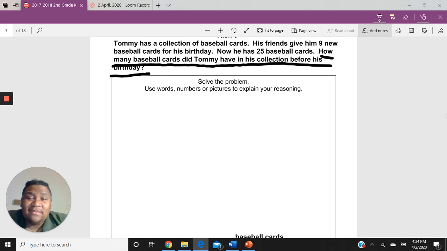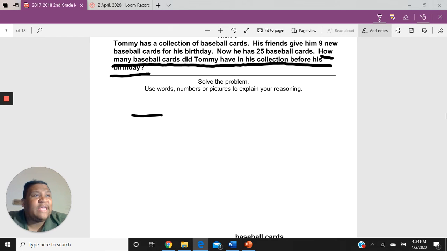All right, so now let's go back to the top to our information part of our word problem. Tommy has a collection of baseball cards. So, do we know how many are in his collection? We don't, so we can put a blank. His friend gave him 9 new baseball cards for his birthday.